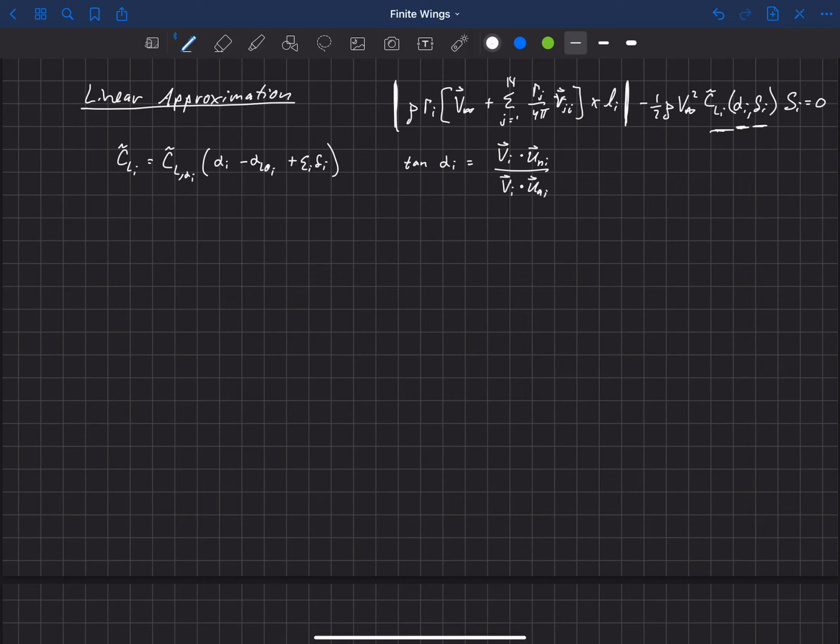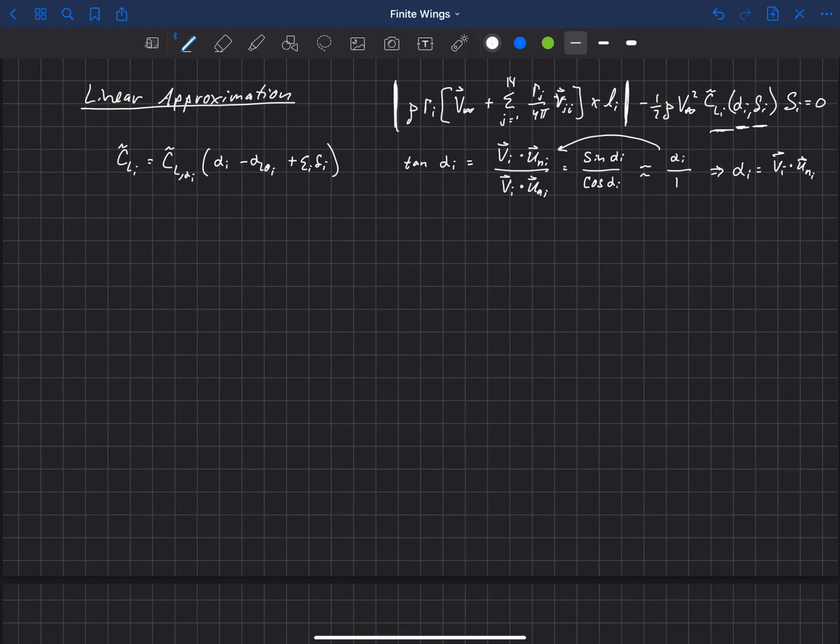Okay, so that's the general definition of the angle of attack, and this is actually equal to sine of alpha I over cosine alpha I. Now, if we assume that our angle of attack is small, which is generally true for the cases for which we'd be using this numerical lifting line algorithm, then we can say that cosine alpha is about 1, and sine of alpha we're going to approximate as alpha I. And so now we can equate this, and what we get out of this is that alpha I can be approximated as VI dotted with our unit normal.